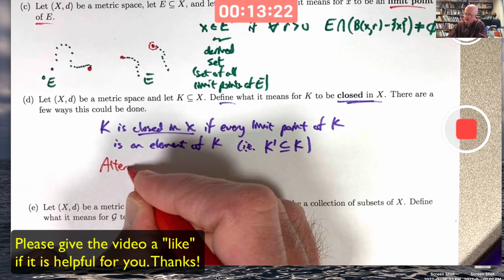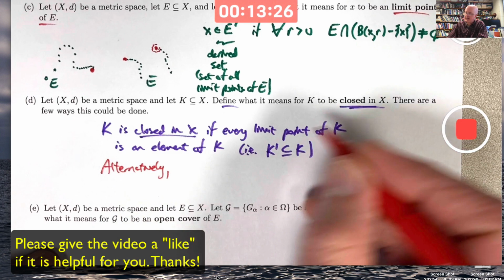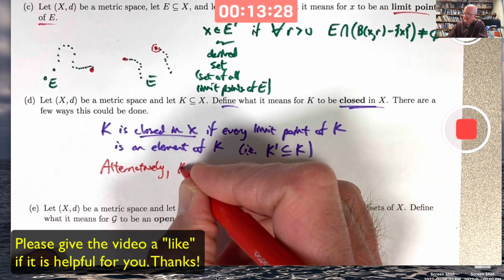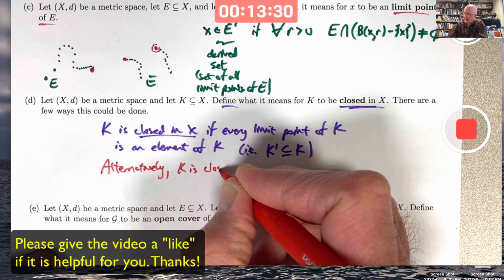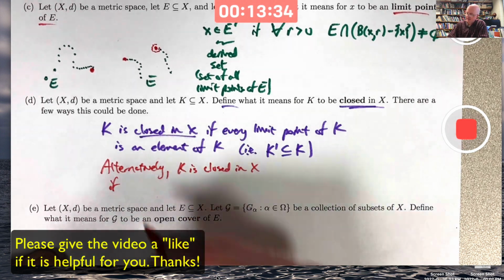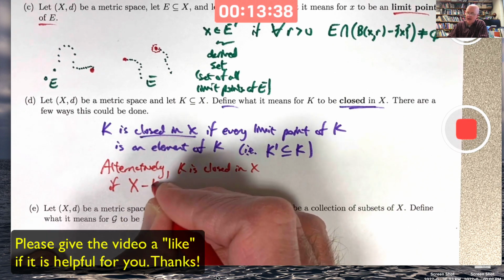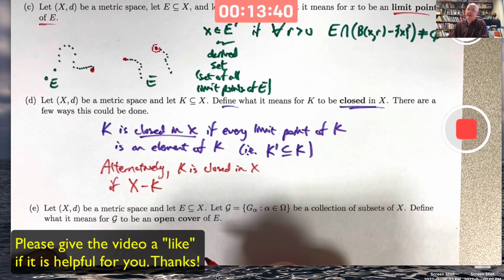Alternatively, K is closed in X if its complement, X take away K, is open in X.